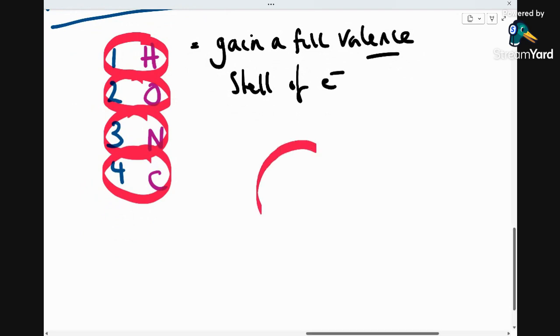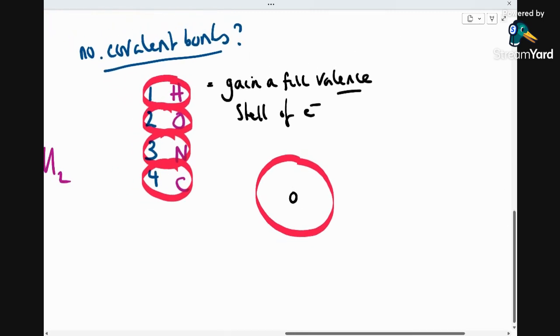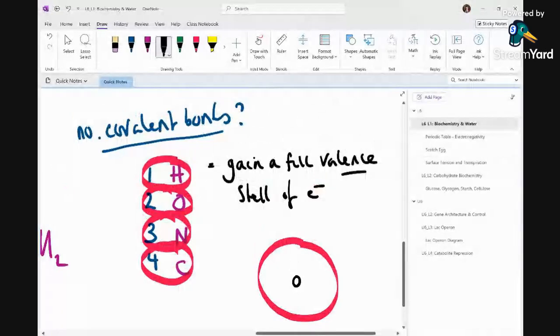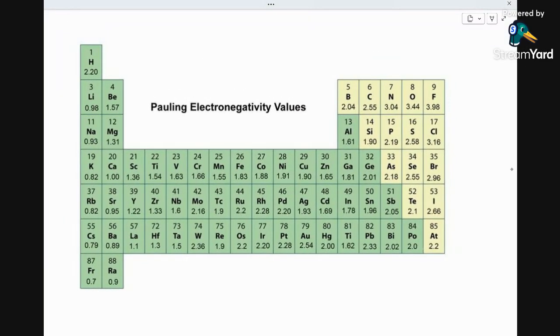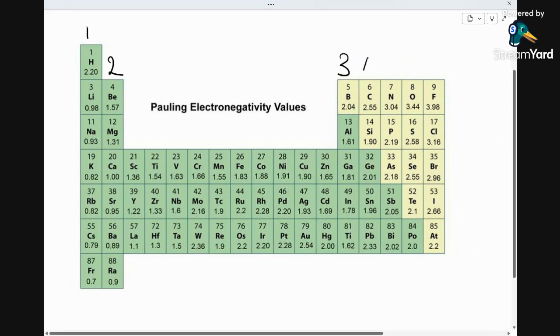If I draw oxygen in red here, I'll label it in the middle, so this is oxygen. If you were to go to the periodic table, which I will hopefully have here, don't worry about the electronegativity thing for now, but this is group 1, this is group 2, group 3, 4, 5, 6, 7, and then there is a group 8, of course, here, the noble gases that aren't shown for a reason we'll get to in a minute.